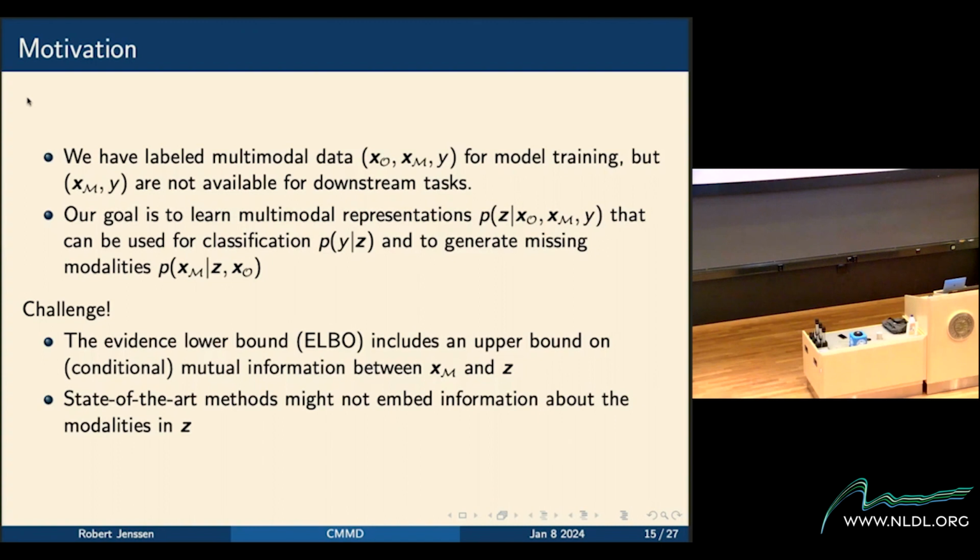This is a problem that in the end means that even if we have multiple modalities, it could be that in our latent variable, we are not able to capture information from all of the modalities because of this challenge of mutual information. We will now discuss that a little bit. So now we have moved away from the generic setting. We're now in a more particular setting when it comes to missing modalities and generative models.